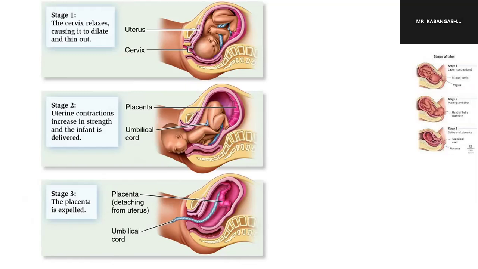Next is descent of the fetal head. So descent, at which level or station is the fetal head at? Okay, so you know the divisions of the true pelvis. You have the inlet, cavity, and so on. So monitor that.